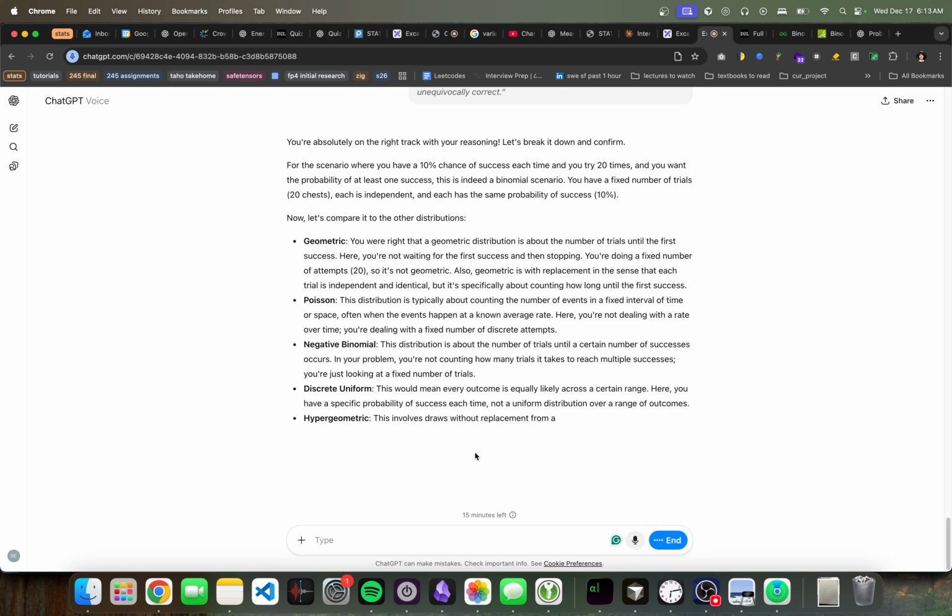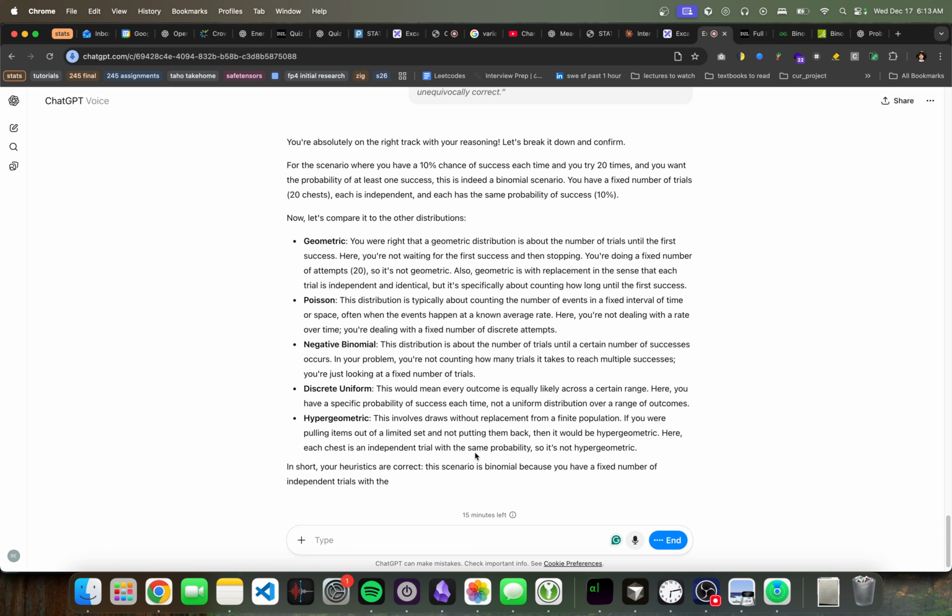Hypergeometric, this involves draws without replacement from a finite population. If you were pulling items out of a limited set and not putting them back, then it would be hypergeometric. Here, each chest is an independent trial with the same probability, so it's not hypergeometric. In short, your heuristics are correct. This scenario is binomial because you have a fixed number of independent trials with the same probability of success each time. Well done.